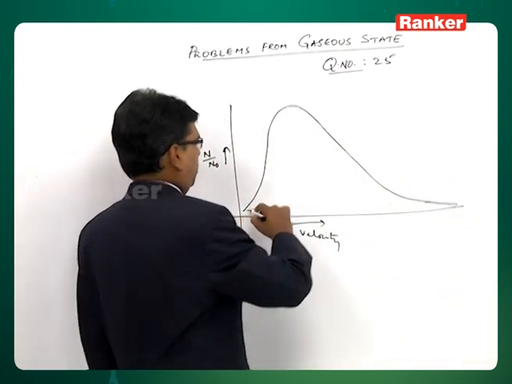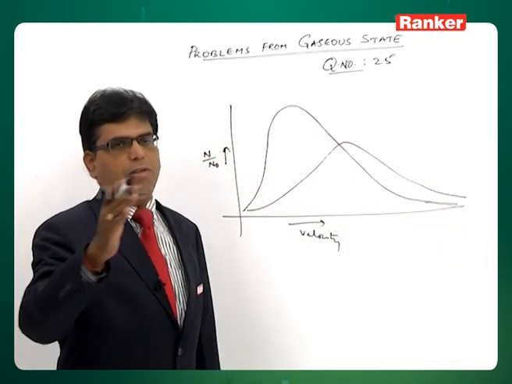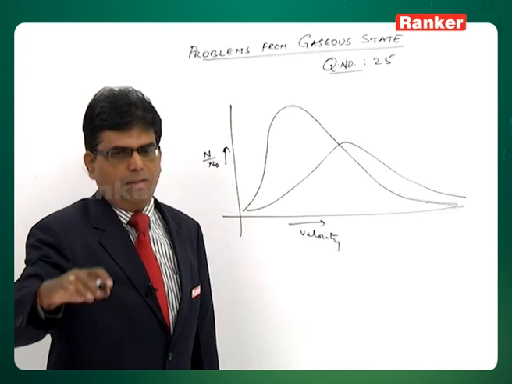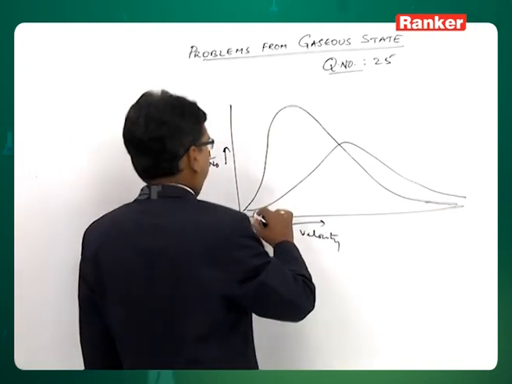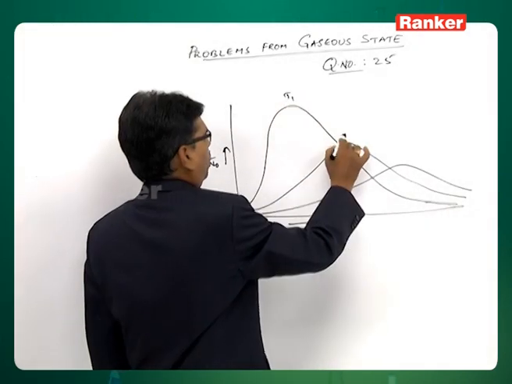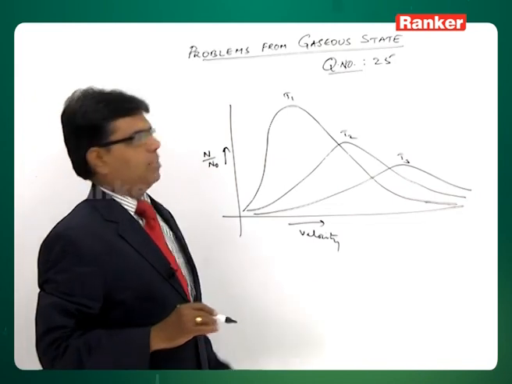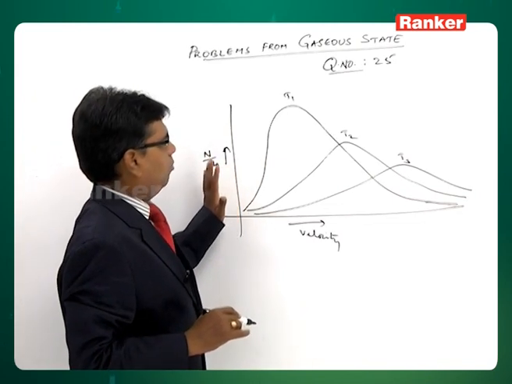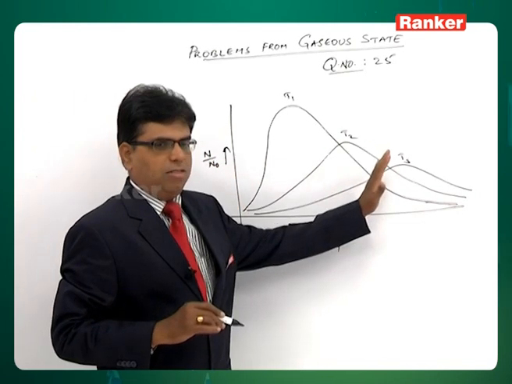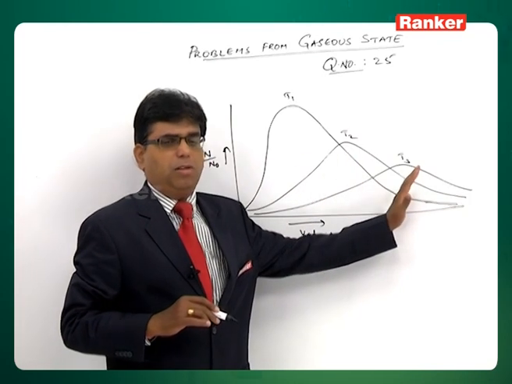At two different temperatures, when you draw, the curve will be like this. With increase in temperature, the peak of the curve will shift towards the right and the height of the peak will decrease. At three different temperatures, this is how we will get T1, T2, T3. With increase in temperature, the fraction of molecules possessing higher velocity increases, so the velocity of all the molecules will increase.